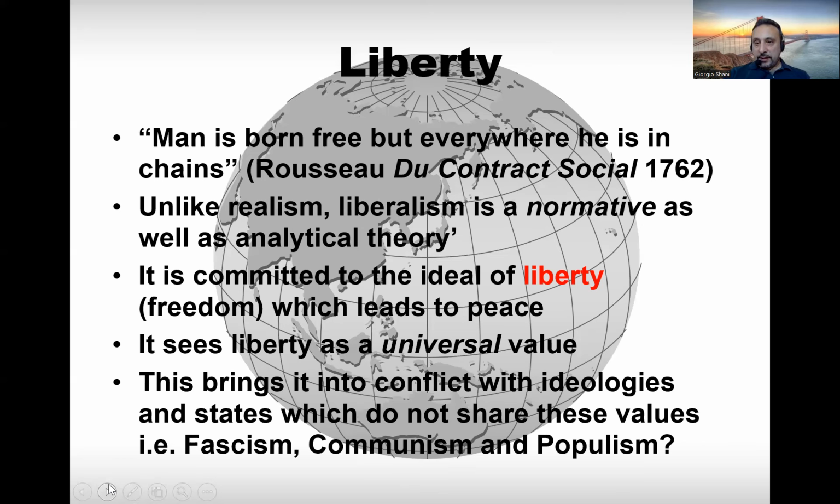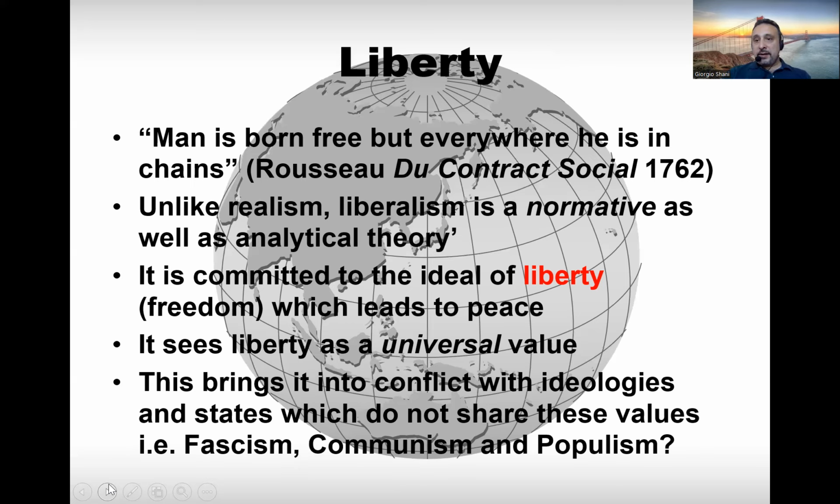Now, the contradiction is that this belief in liberty as a universal value and this commitment to the idea of liberty, which liberals believe will lead automatically to peace, brings liberalism and liberal states into conflict with ideologies and states which do not share these values.